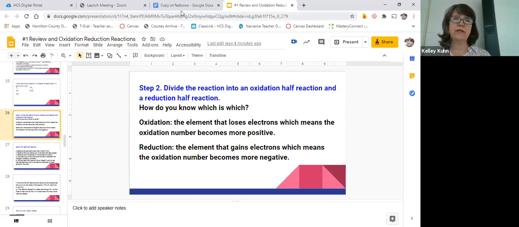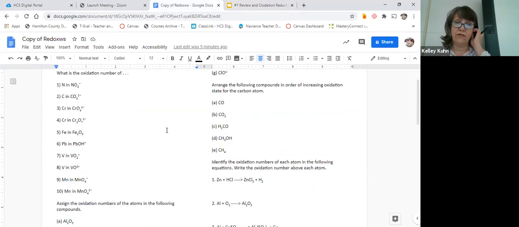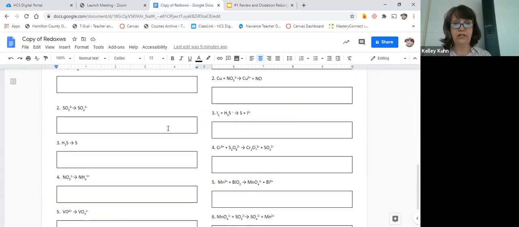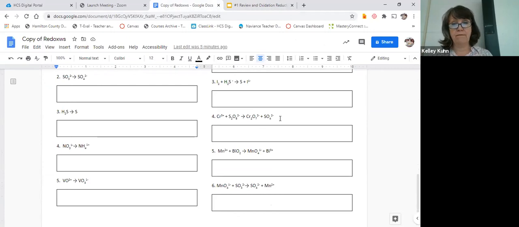Well, let's look at some of the examples that we have on the redox sheet here. Let's look at number 4. I'm going to copy that onto a sheet of paper, and we're going to show how you can look at the oxidation numbers and then figure out what the half reactions are and what's happening with the electrons. Actually, I'm going to start with this one because it's a little more straightforward.